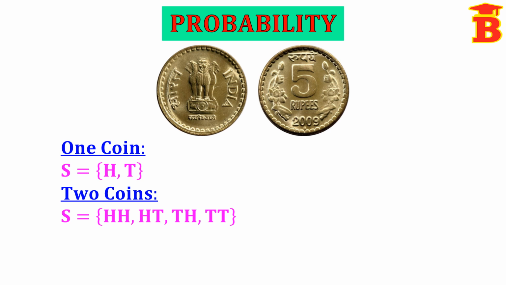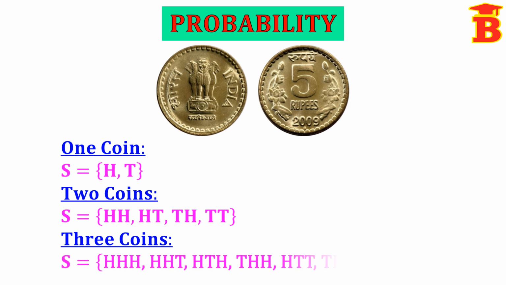If three coins are tossed, then the sample space is HHH, HHT, HTH, THH, HTT, THT, TTH, TTT. Totally 8 possibilities. You write it in order, then it's very easy to remember.